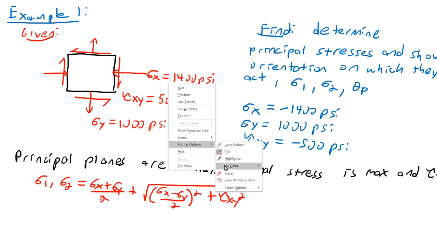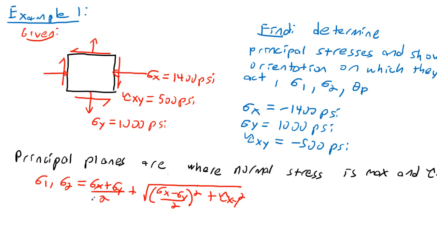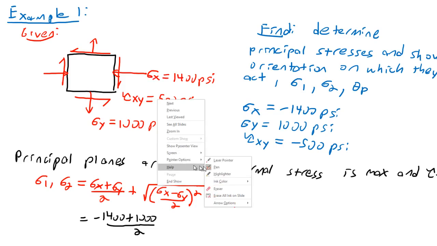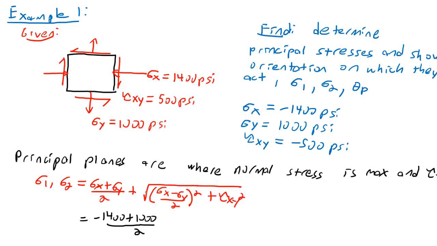Or substituting in numbers, we can say negative 1400 plus 1000 over 2. Oh, and this should say plus or minus, not just plus. Sorry about that.